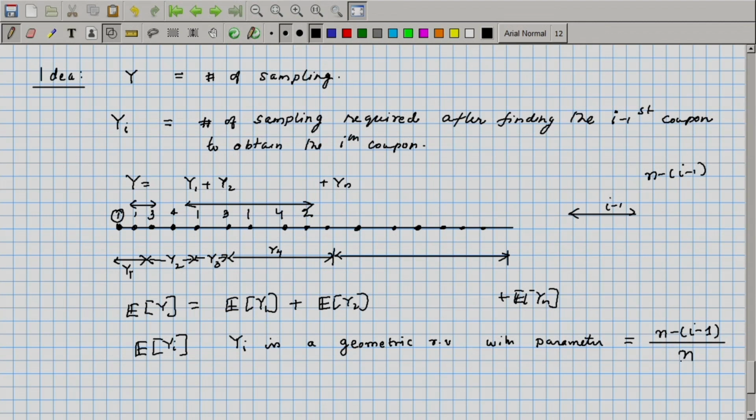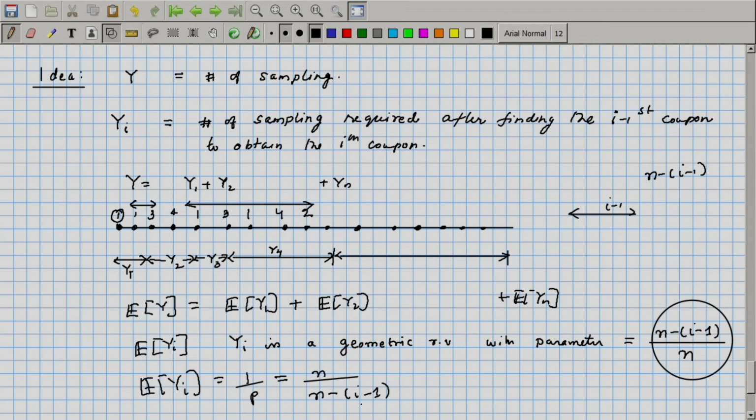Out of n possible coupons, only if we pick these n minus (i minus 1) coupons, we will consider it a success. Okay. So, the expectation of this geometric random variable is going to be equal to 1 by p, where p is this particular quantity. So, this is going to be equal to n divided by (n minus i plus 1).